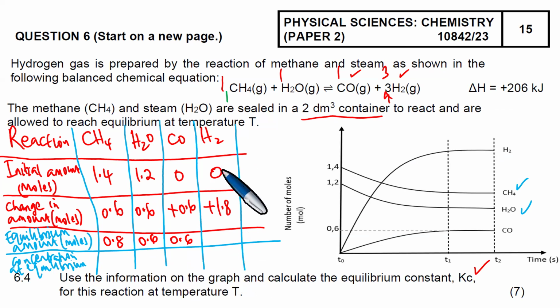And then here you add 0 plus 1.8, you get 1.8. And this would be the equilibrium number of moles.